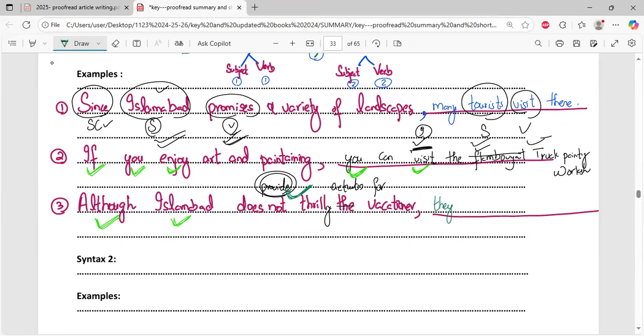They are attracted by its scenic beauty. So they becomes a subject and attracted becomes the verb. This is how you construct your subordinating clauses or complex sentences.